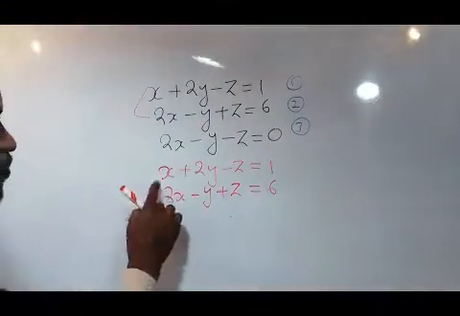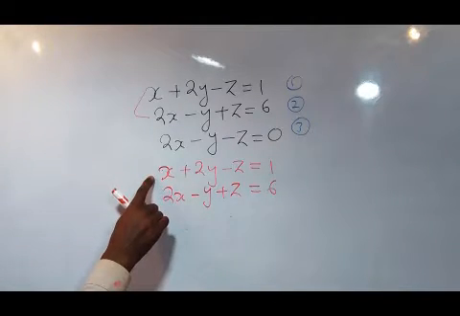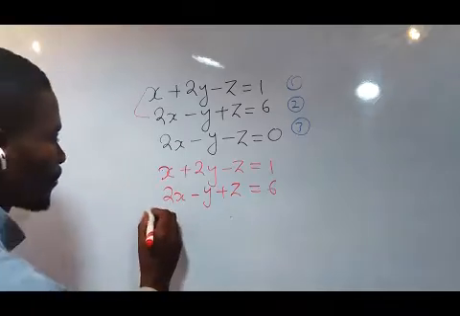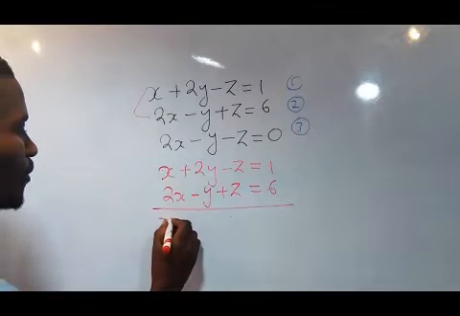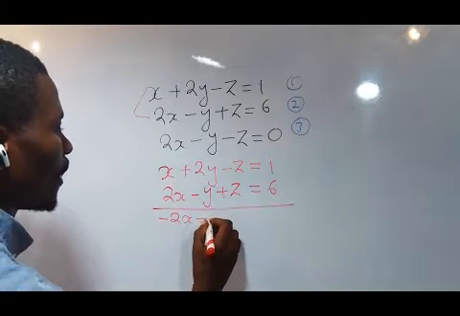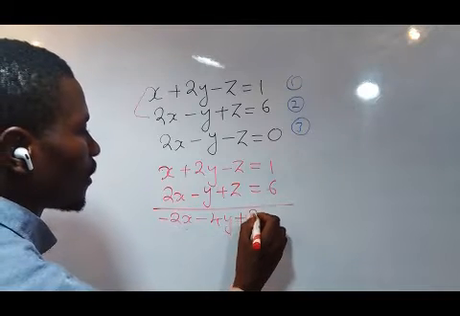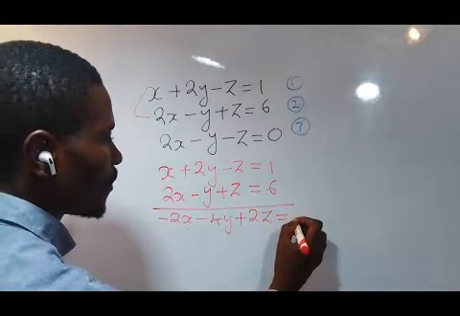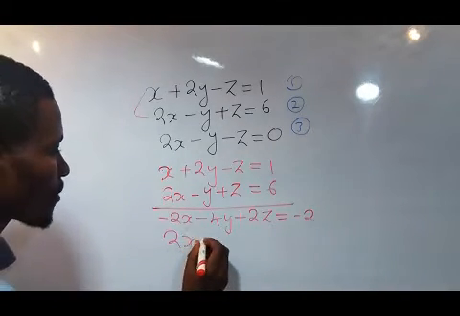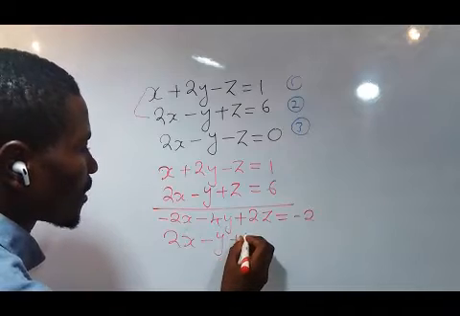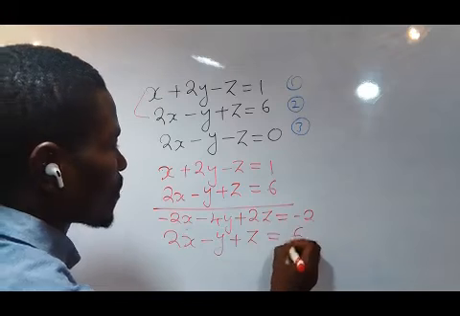So I need to multiply this equation by -2, and when I multiply this, it gives me -2x minus 4y plus 2z equals -2. And then I bring down this one, 2x minus y plus z equals 6.